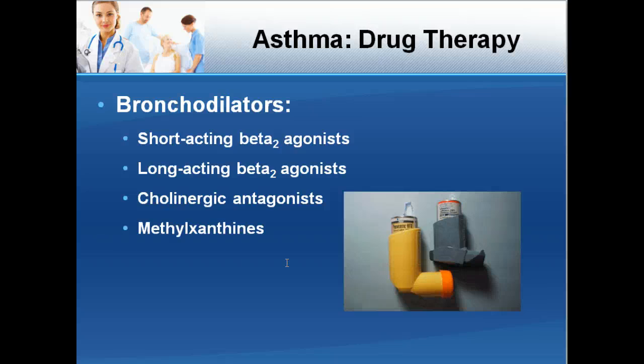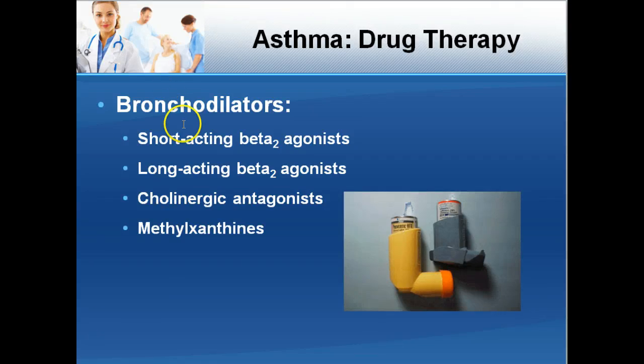Those are short acting agonists. They usually use them 1 to 2 inhalations every 4 to 6 hours. They relax the smooth muscle, and the long acting beta agonists do the same thing. They cause bronchodilation by relaxing the smooth muscles.